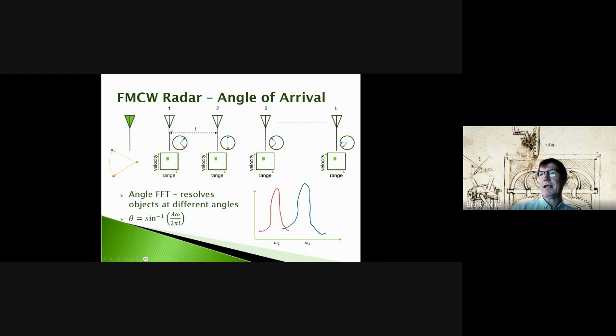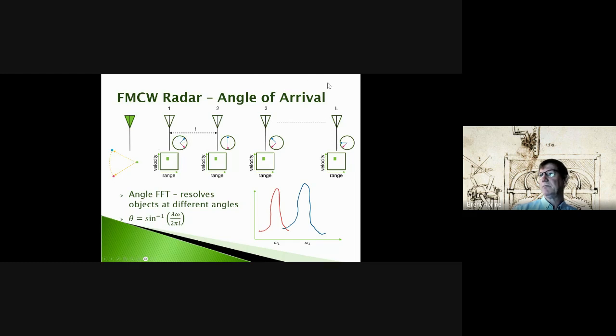Just note that if the signal's over here, then as you look at the signal from antenna 1, 2, 3, L here, the phasor of this blue one might be rotating.